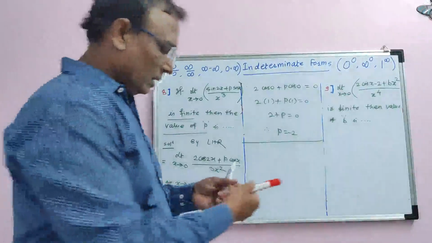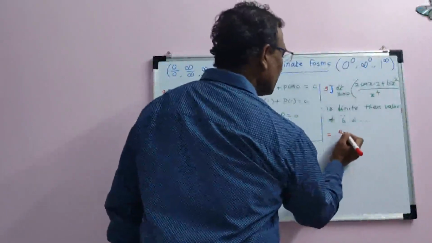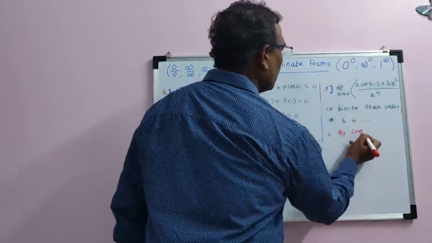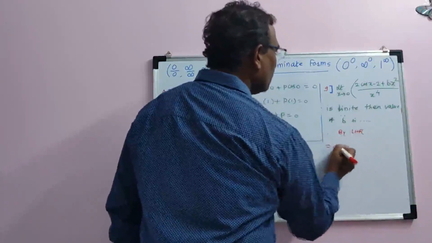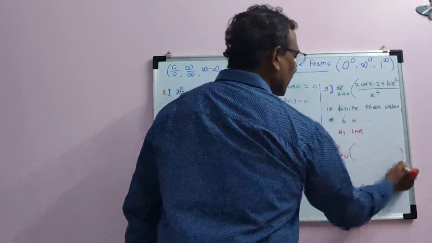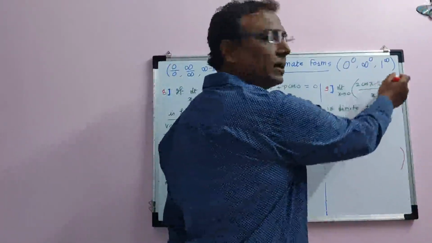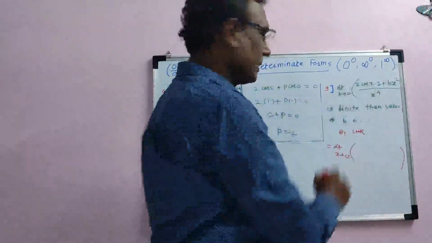Now, the same problem: for x equal to 0, the denominator tends to 0, so by L'Hospital rule, limit x tends to 0. In this case, the denominator is going to become 0, and for x equal to 0, the numerator is also going to become 0. You can check it.